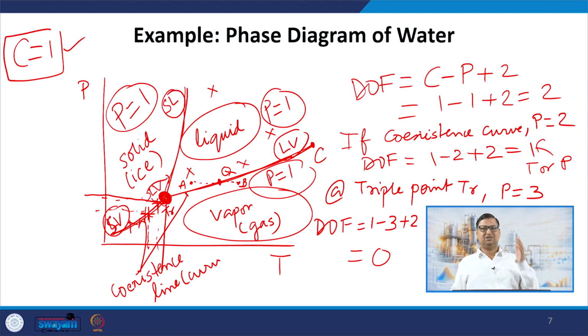They are specified for water. Of course, if there is some other liquid, it may have a different triple point or may not have it. That is a secondary issue, but for pure water, you are going to have a fixed value of pressure and temperature. So, there is no liberty to choose either. It is defined by the system, and the degree of freedom is equal to 0 for this system.